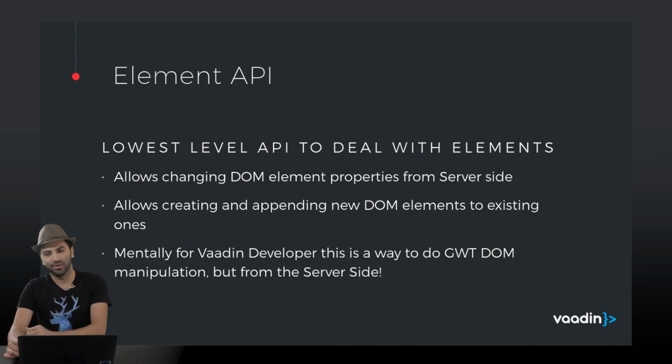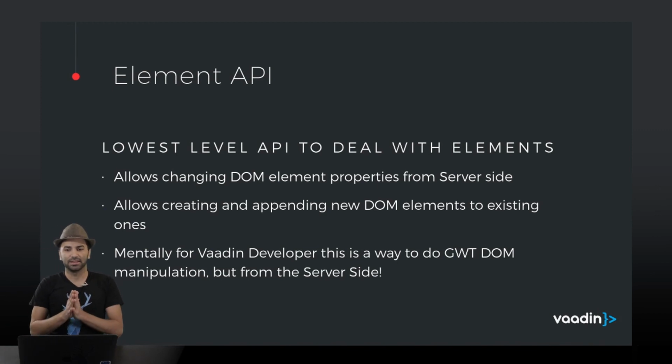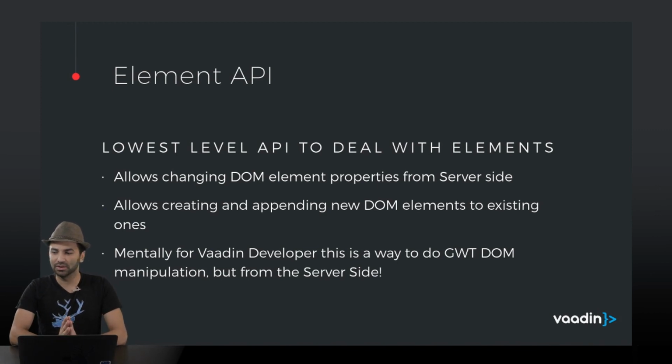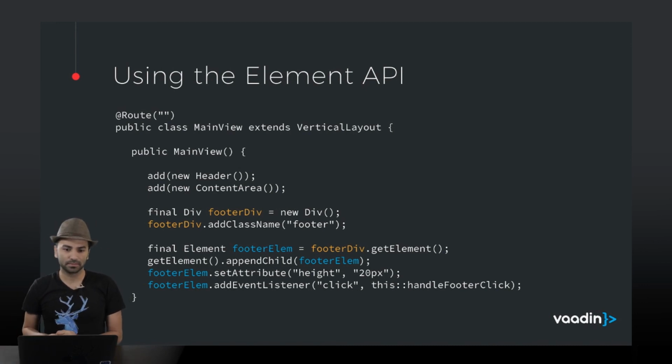If you are coming from Vaadin 8 background or something like that, you can think about it as GWT, except that the big difference here is that we don't use GWT. You don't need client-side compilation or anything like that. It just works immediately.